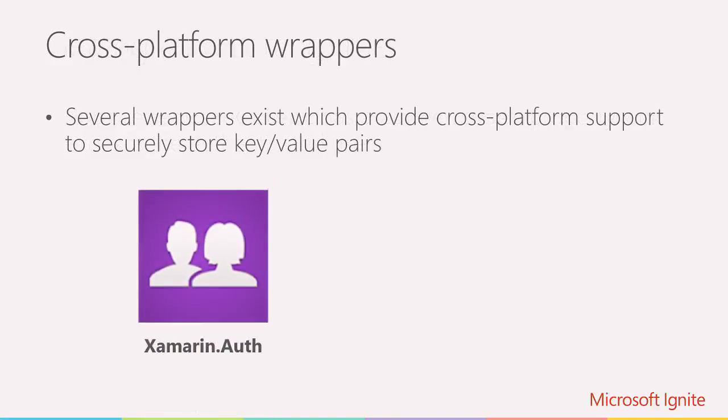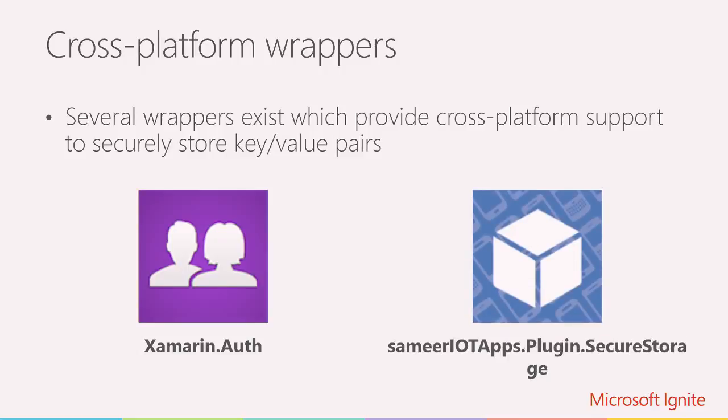So here's a couple of wrappers that you'll need to be aware of as well. If you're authenticating to a server, a really great user experience is that if you come back and use the app again, you don't need to log in again. You shouldn't have to log in every time. A lot of people will get frustrated with that, especially for consumer-based applications. So if you are storing the user token information on the device, ideally you should be using a component like Xamarin Auth or the Xamarin.Auth plugin secure storage.